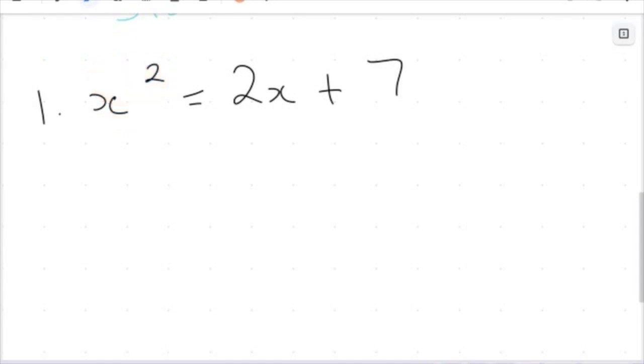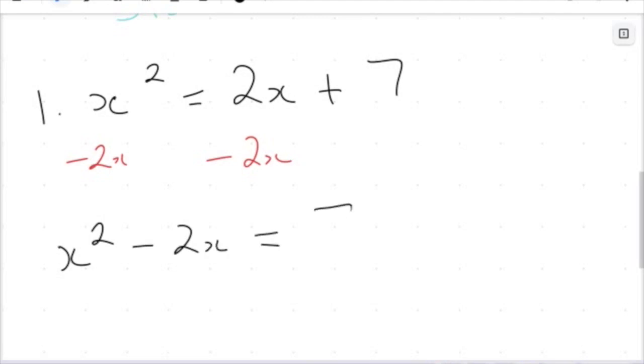So I want to systematically move things to the left-hand side of my equal sign to balance the equation and get my quadratic in standard form. So to get this 2x on the left, I want to subtract 2x from both sides. So when I balance this out, I'm going to get x squared minus 2x equals positive 7.